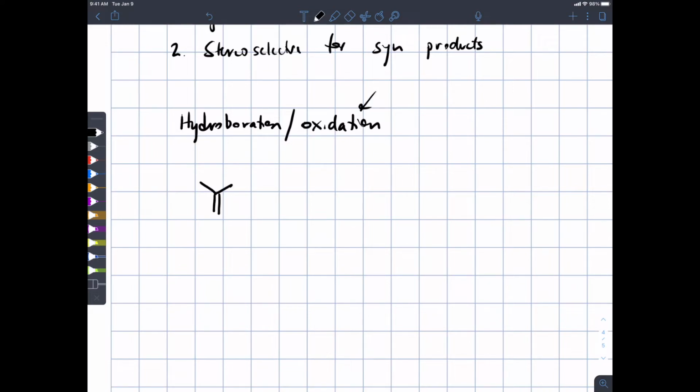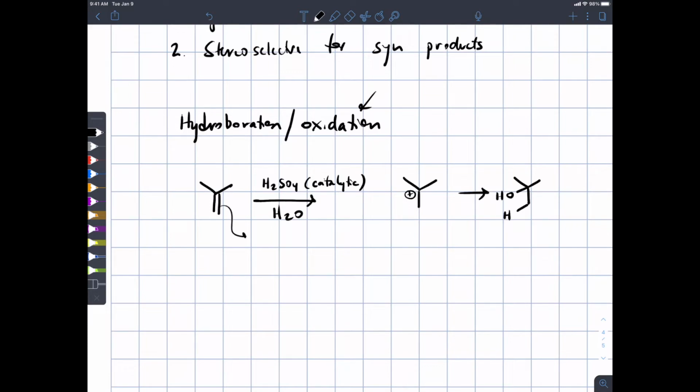All right, so to demonstrate this, suppose that I used this starting material and I wanted to do alkene hydration, so I use catalytic H2SO4 and I use water. That's going to generate a carbocationic intermediate, which is going to be attacked by water at the more substituted carbon.